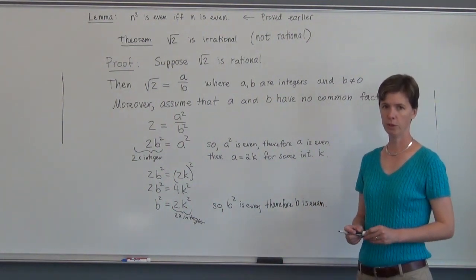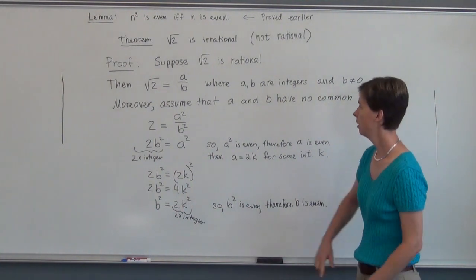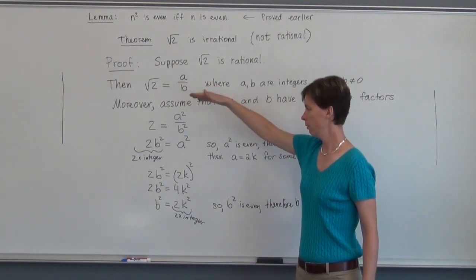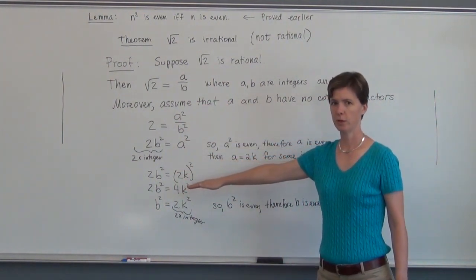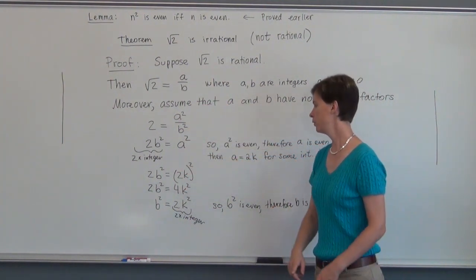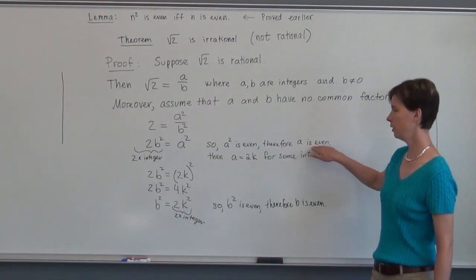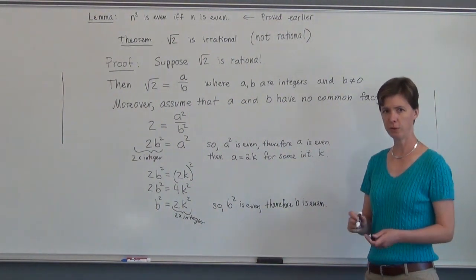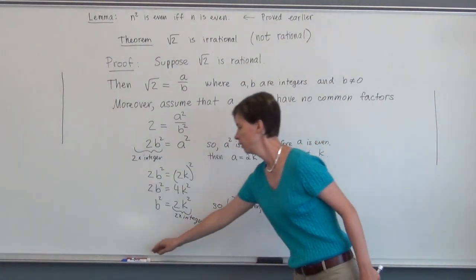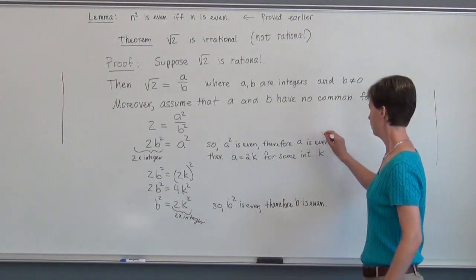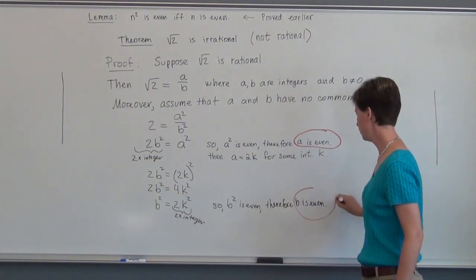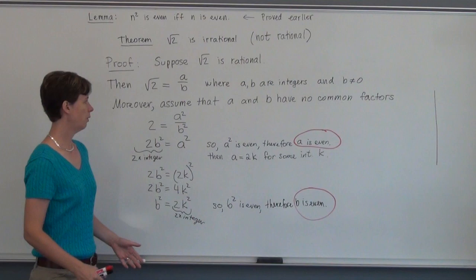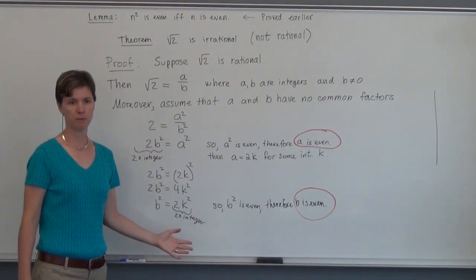So take a look at where this got us. We assumed that the square root of 2 was rational. We did a few manipulations, and in the process, we discovered that a has to be an even number, and then we discovered that b has to be an even number. So we have a is even and b is even. Think about all of our assumptions.